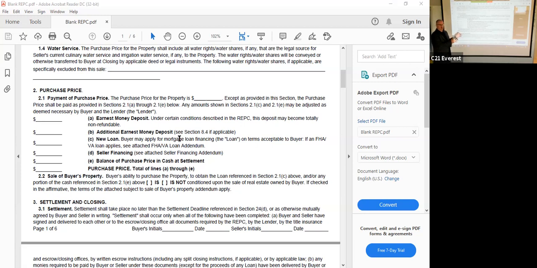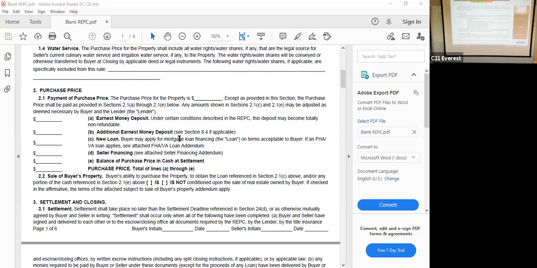The previous owner sold them with the house, so they acquired them. When they sold the house, they had a choice. They could keep those water shares and sell the property, or they could sell the property with the water shares. They chose to sell the water shares with the property. So the answer is it depends.